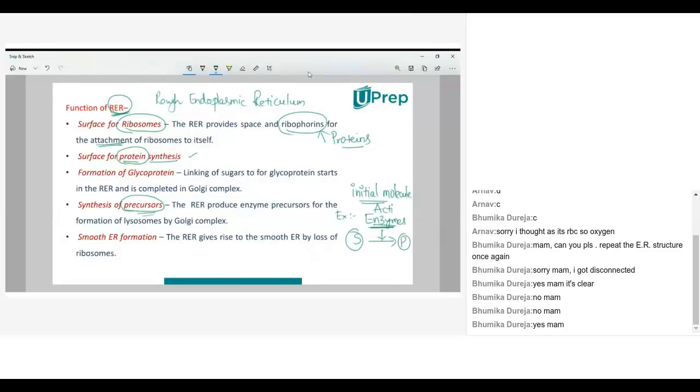The enzyme has to be active, and this enzyme will make the substrate get converted into product. If the enzyme is inactive, it cannot act on substrate, so you will not get product. Is that point clear? Active, inactive nature of enzyme. So far that point is clear. Is that clear?